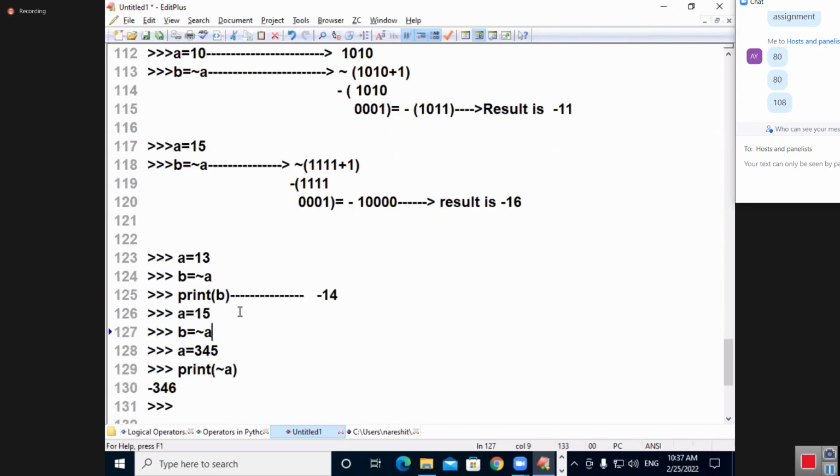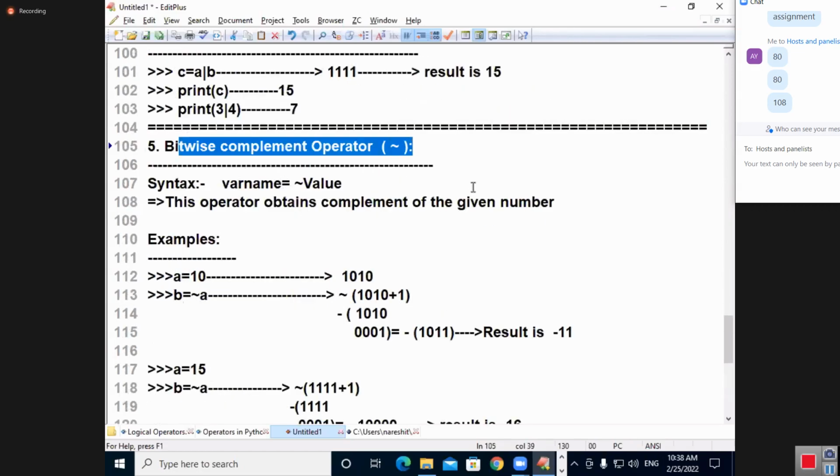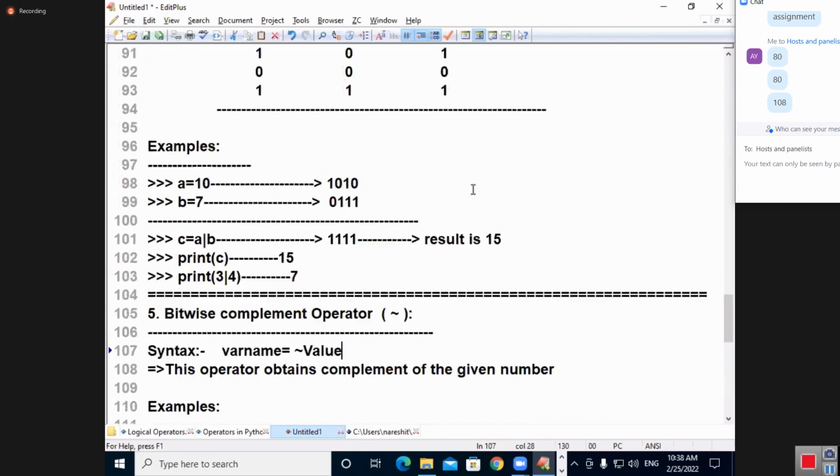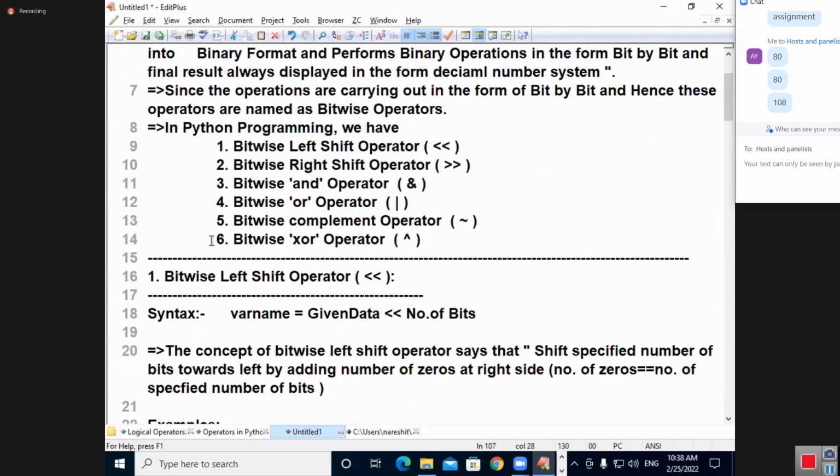Print of B, of course, is already there. So for 345, the answer is like this. And this is finished. So this comes under what operator? Bitwise complement operator. Now let me go to the next operator, that is called XOR operator.